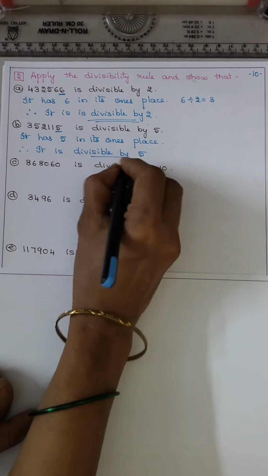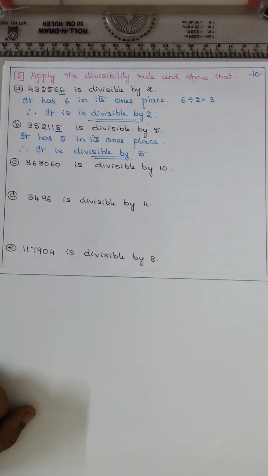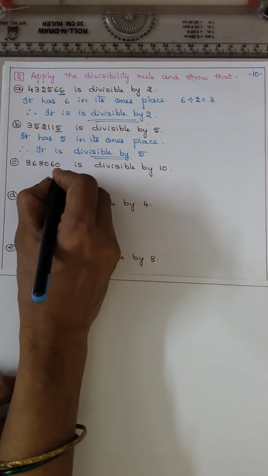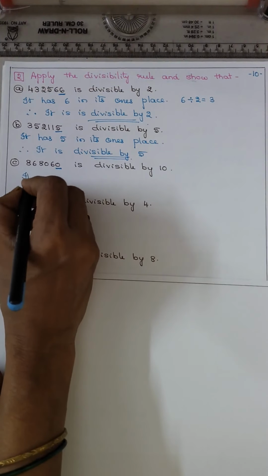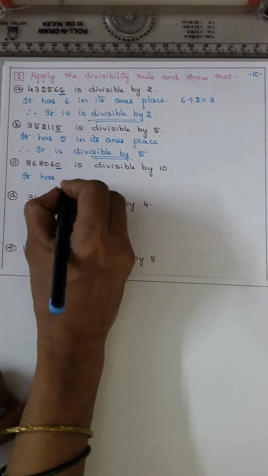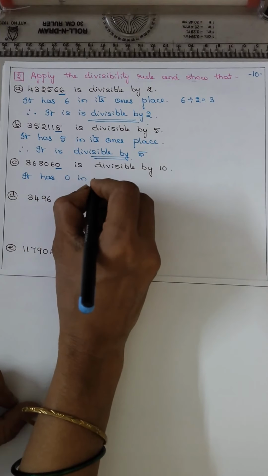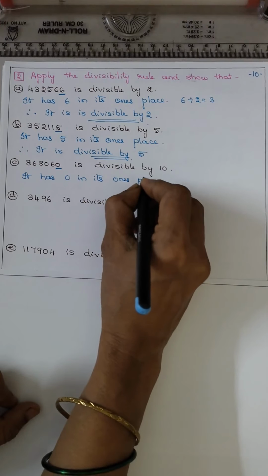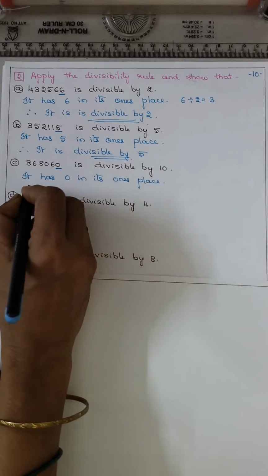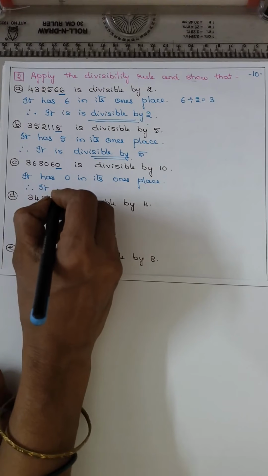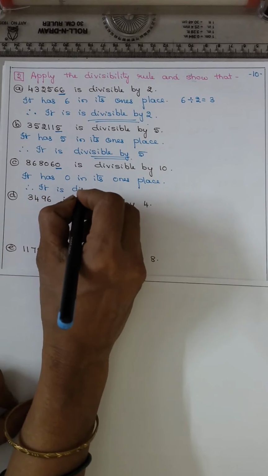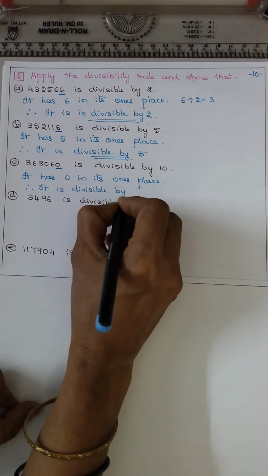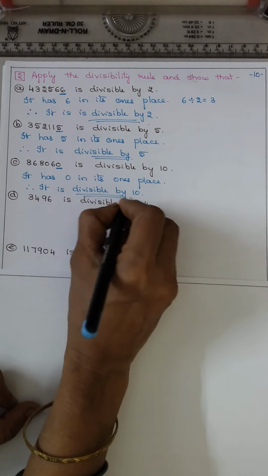So, the reason you have to tell is why you say it is divisible. Now for 10, it has 0 in its ones place. Therefore, it is divisible by 10.